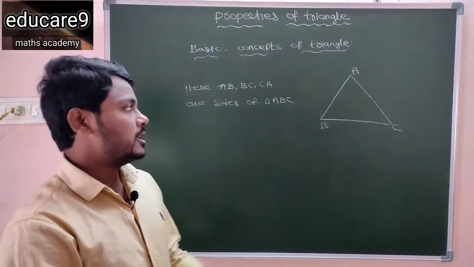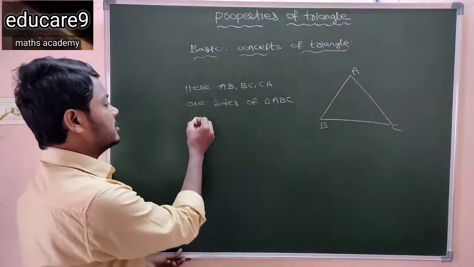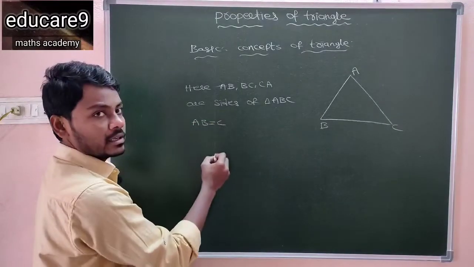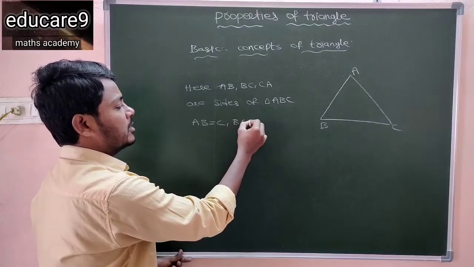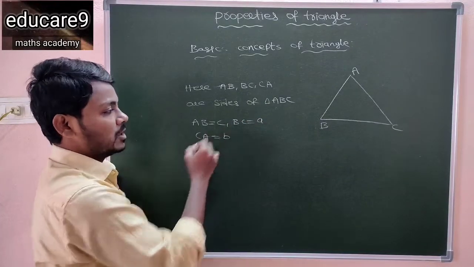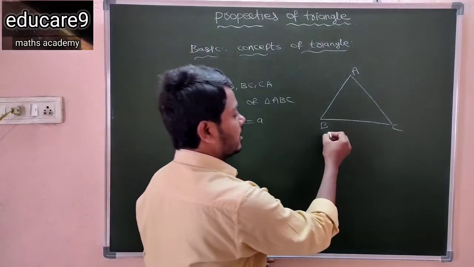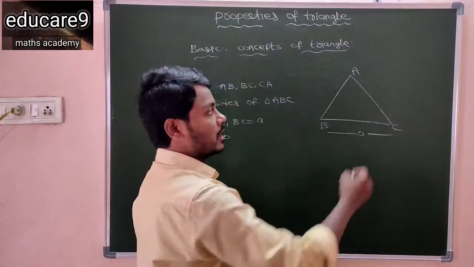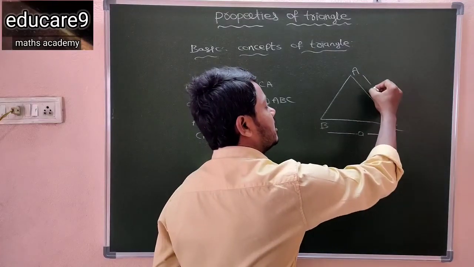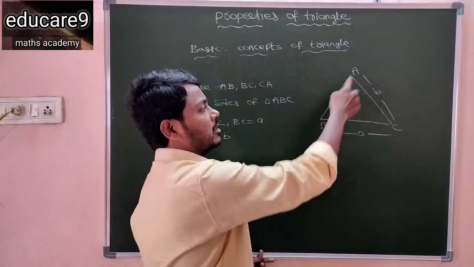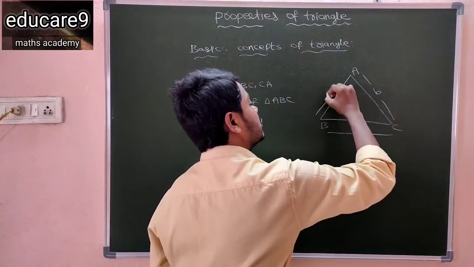So let the sides be denoted as: AB is equal to small c, BC is equal to small a, and CA is equal to small b. So the length of BC is small a, the length of AC is small b, and the length of AB is small c.